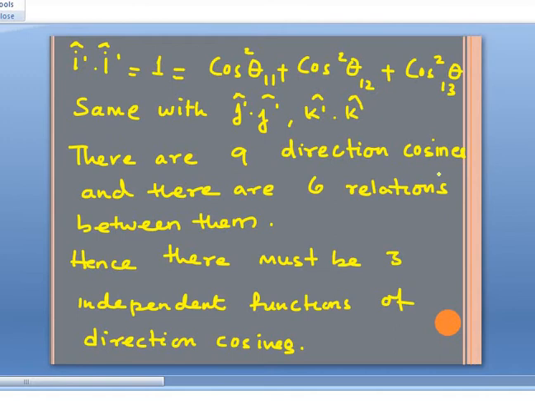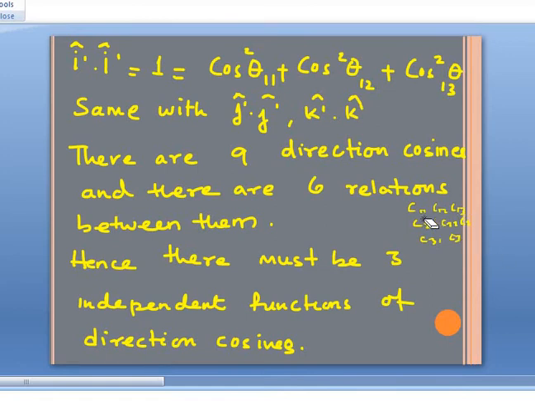So what you will realize is that we actually have 9 direction cosines. When you count, you have 9 direction cosines. What are they? You take them as C11, C12, C13, or cos theta 1 1, cos theta 1 2, cos theta 1 3, and so on; C21, C22, C23; C31, C32, C33.